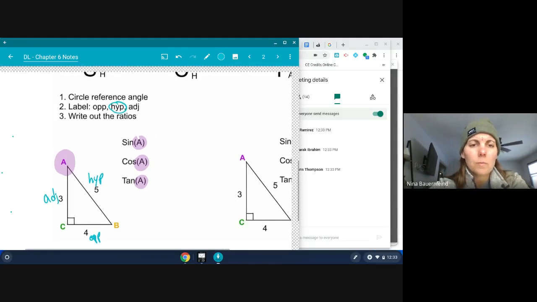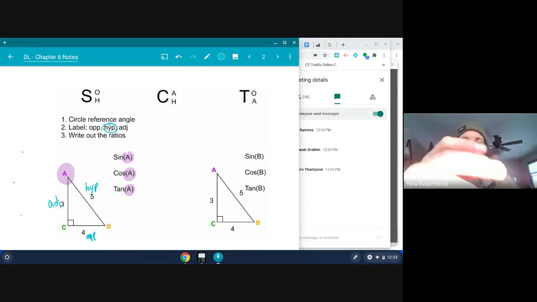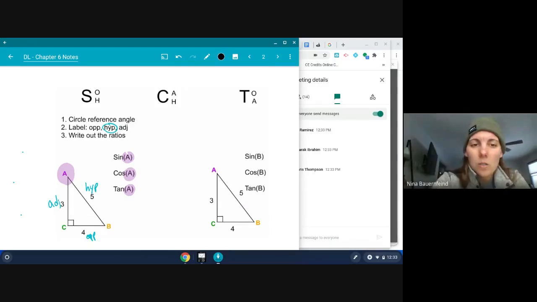Okay? So that, in my opinion, is the hard part. Now, the last part is to set up the actual ratio. So you see this S right here? That's this S right here. O is on top, H is on bottom. O stands for opposite.